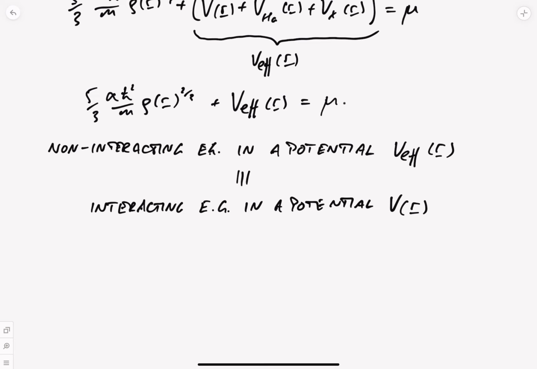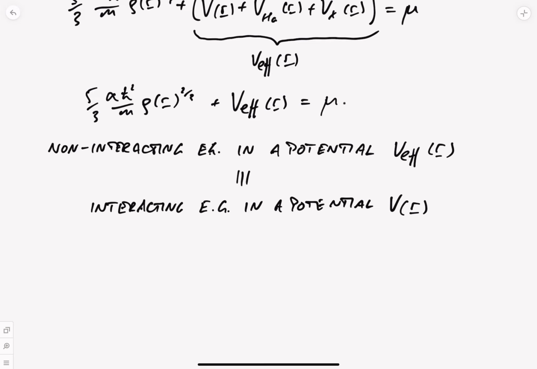This is a key idea which is exploited within density functional theory. So we can take an interacting electron picture and map it onto a non-interacting electron picture by changing the effective potential in which the electrons move.